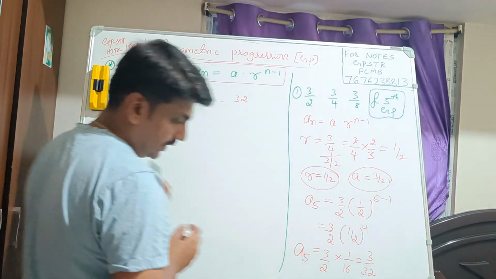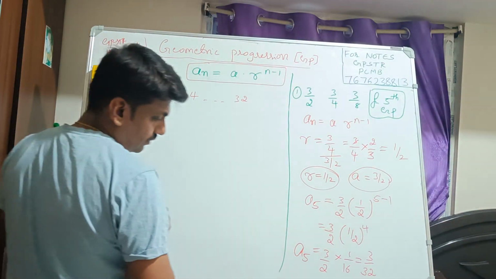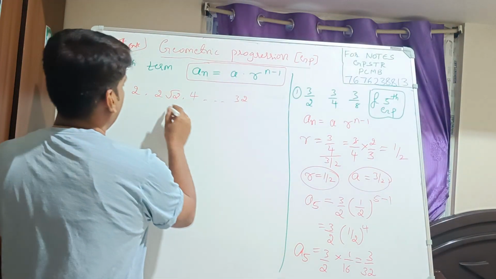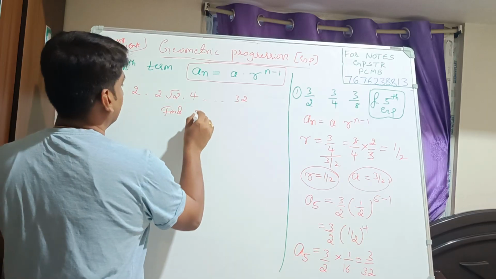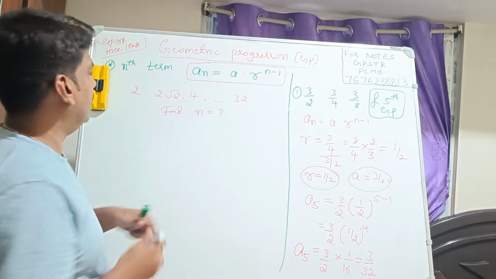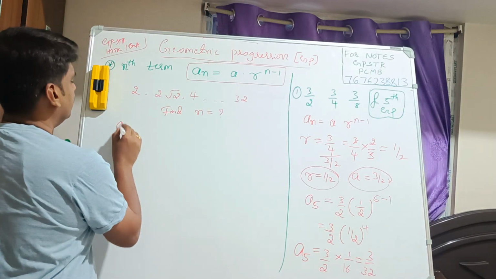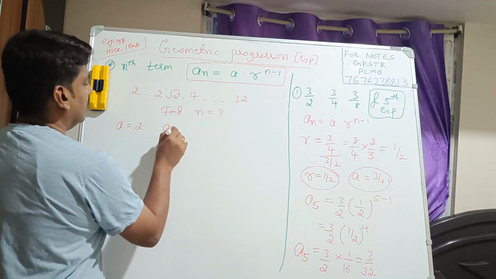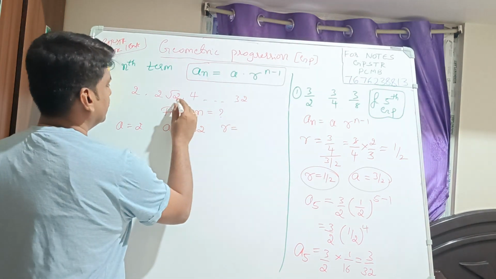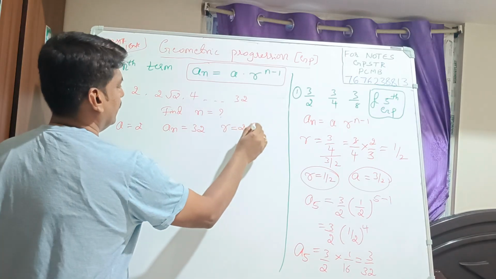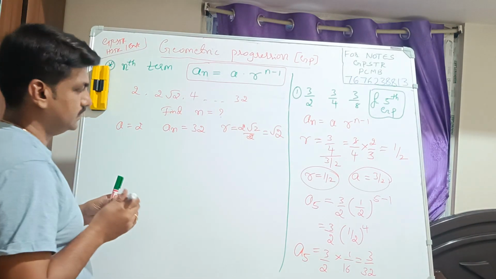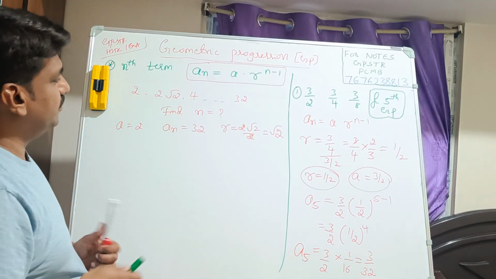What you should find is the value of n. You should find this n value, because the first term and the last term are given. The first term is like this, the last term is like this, and the common ratio is the second divided by the first. So the common ratio is root 2.